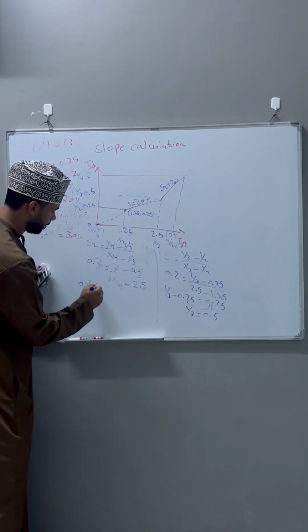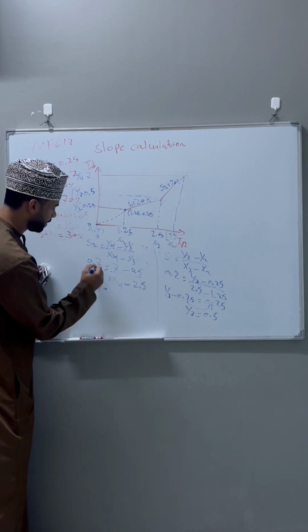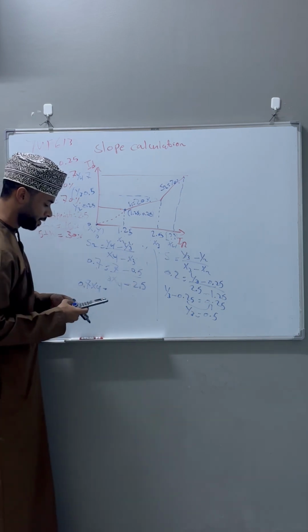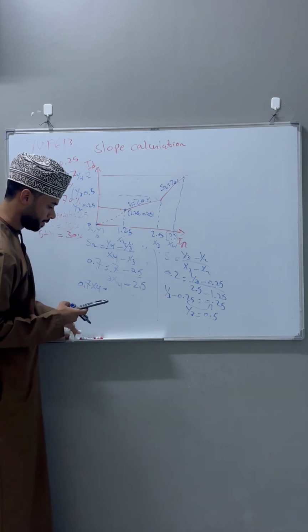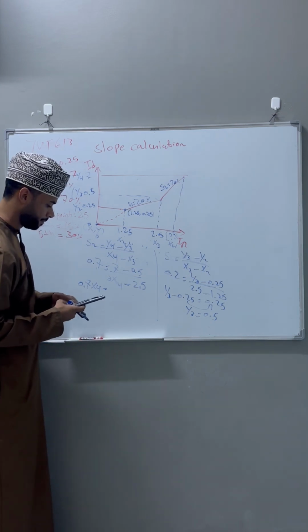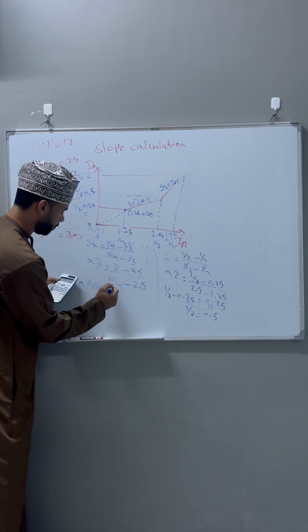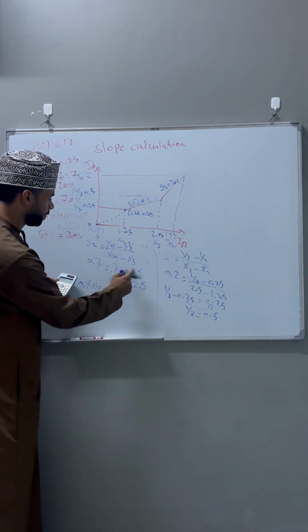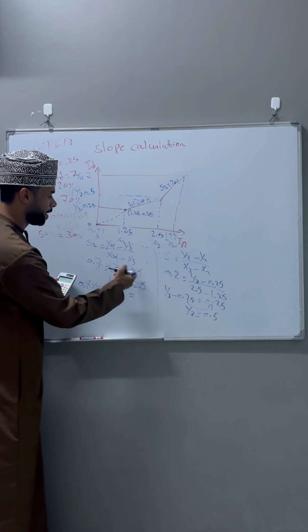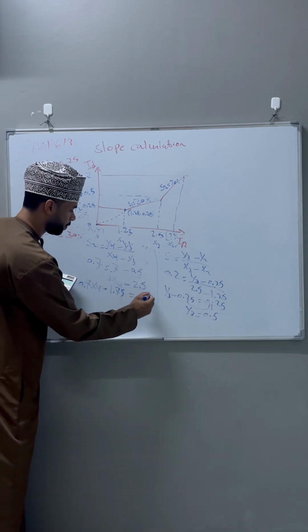Okay, so I will write it like this: 0.7 multiplied by x4 minus 0.7 multiplied by 2.5, which is 1.75. Then 7 minus 0.5 is 6.5.